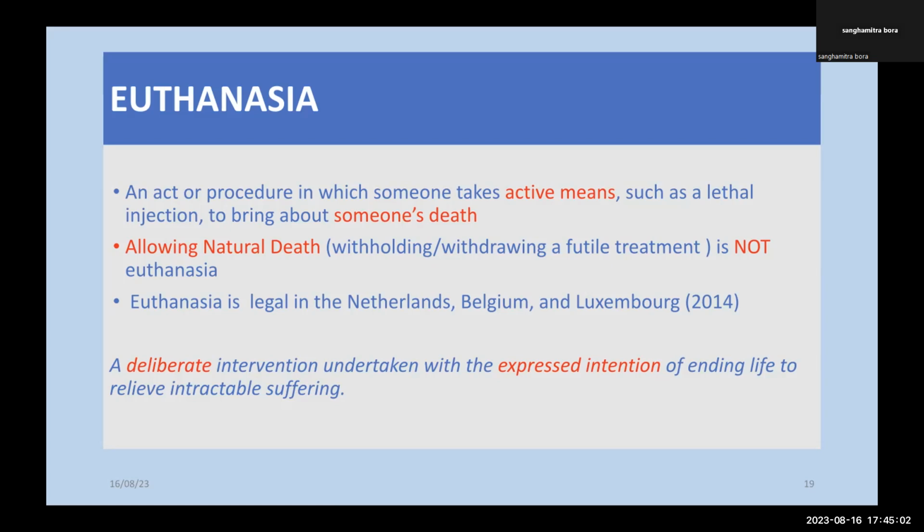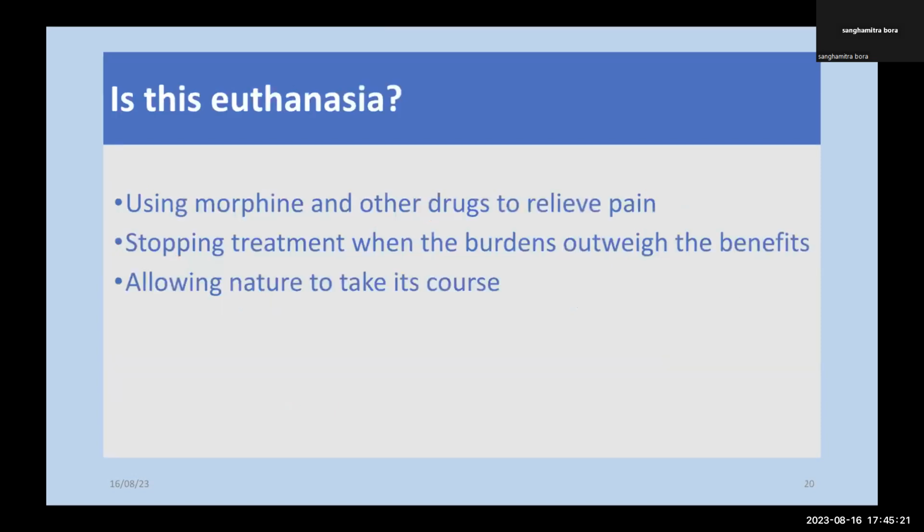So euthanasia is always an active euthanasia. It cannot be passive euthanasia. There is nothing called passive euthanasia. It is always an active means, and henceforth it is active euthanasia. So when we use oral morphine, when we use other drugs to relieve pain, we are not practicing euthanasia.